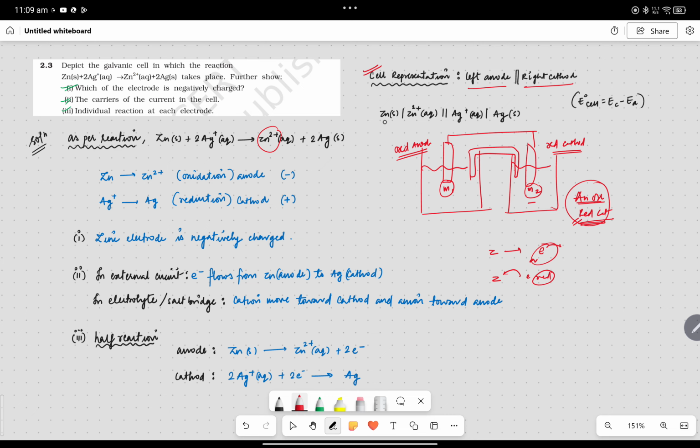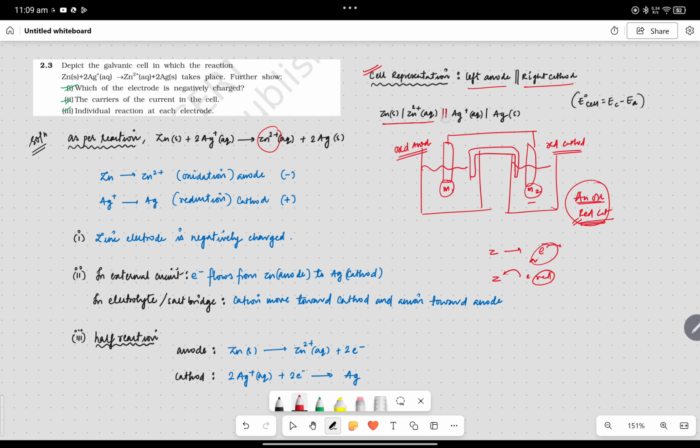So at the anode oxidation is occurring because Zn is giving electrons. That means it is the anode, right? So the anode I have to write on the left side, and the cathode on the right side.